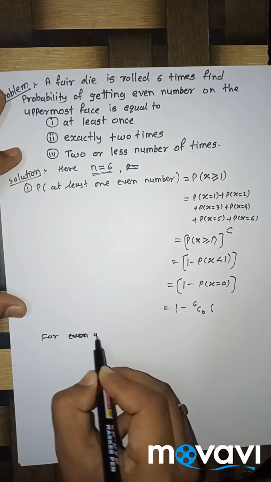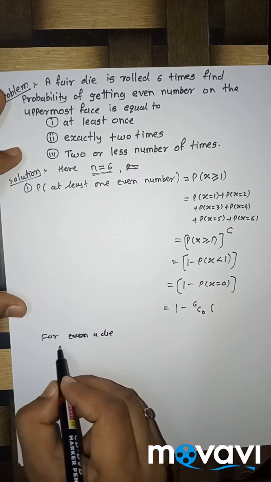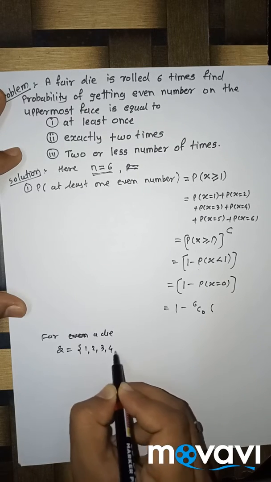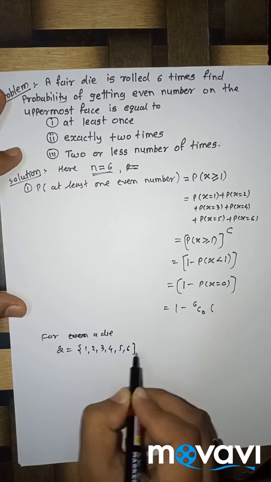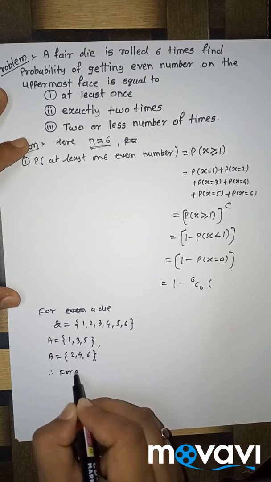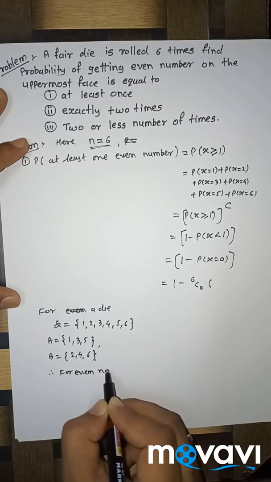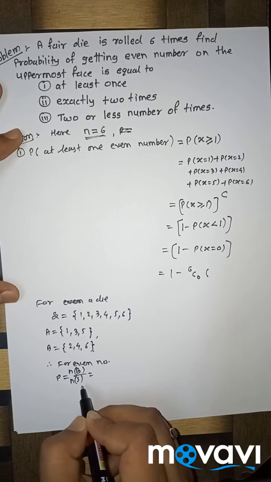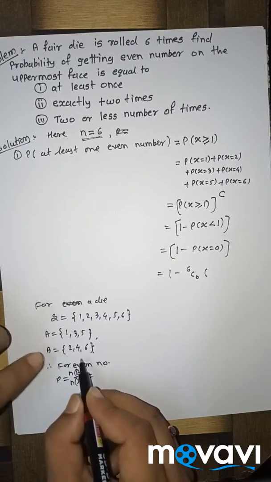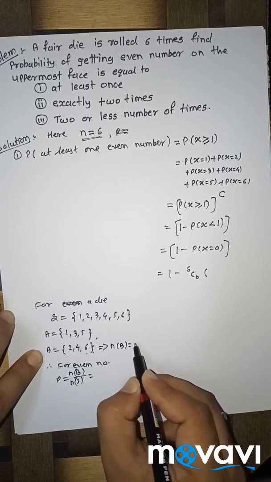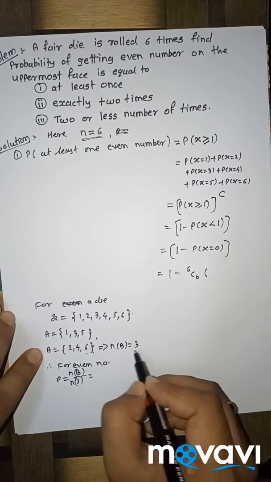For a die, our sample space S is 1, 2, 3, 4, 5 and 6. Then for an even number, my probability p is n of B upon n of S. n of B contains only 3 elements, therefore n of B is 3.